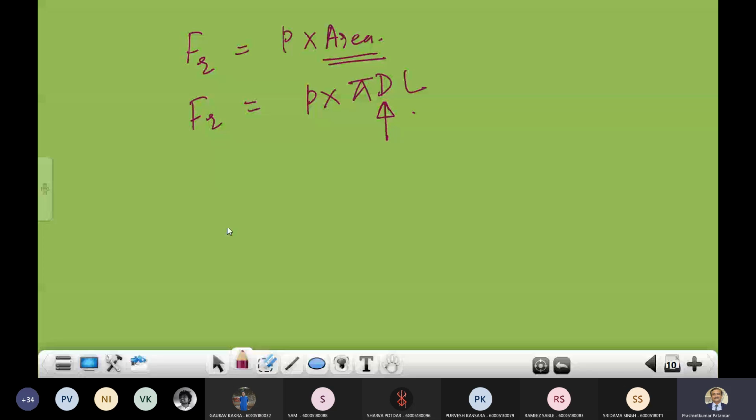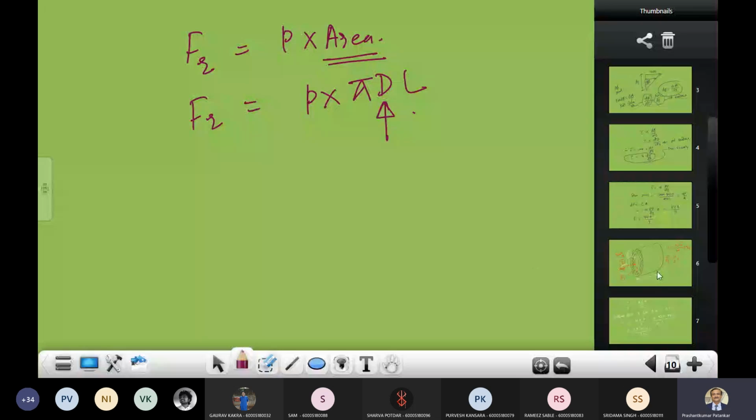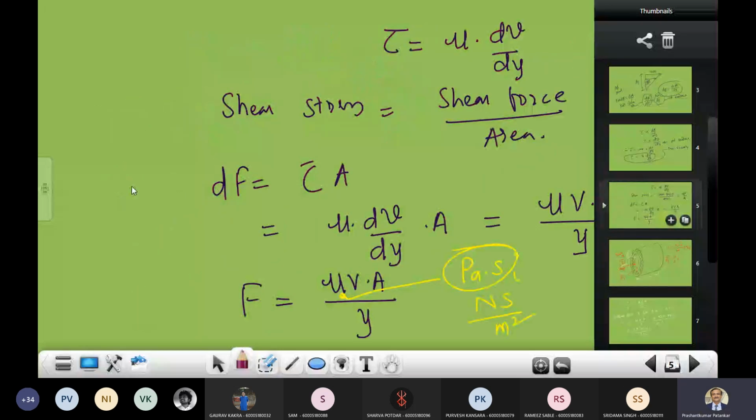So now see here, we calculated the value of Fr. We calculated the value of Fr, and we have also calculated the value of the twisting moment, the torque T, based on the value of the tangential force which is coming over here.